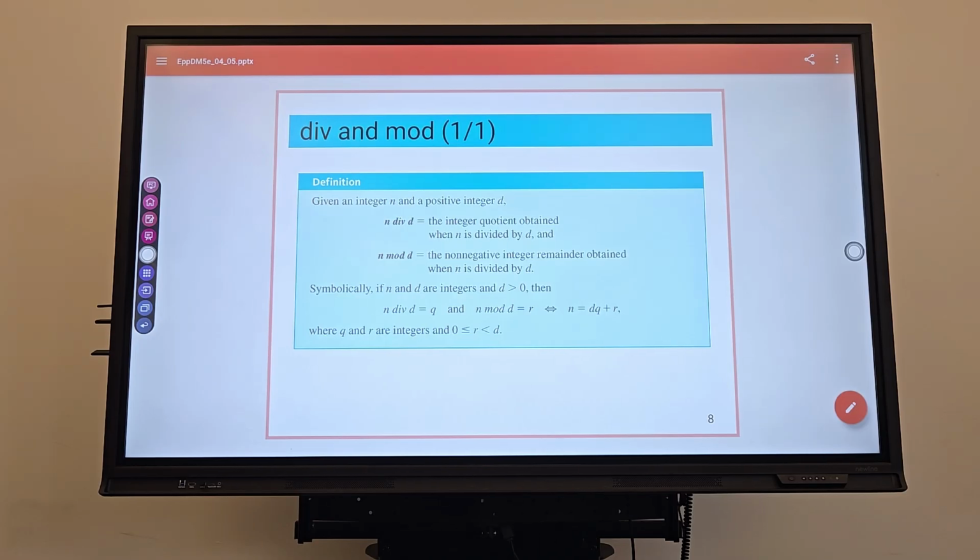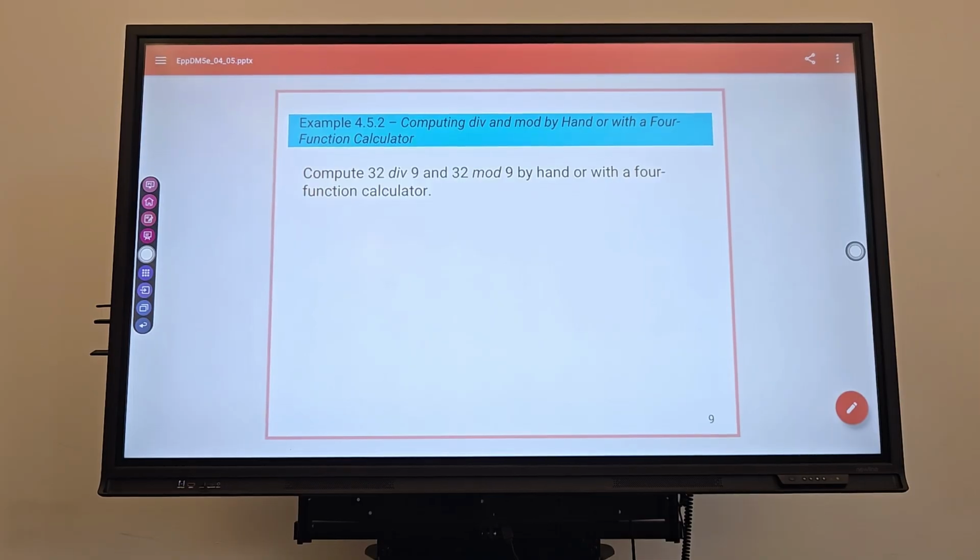So it ties it to the quotient remainder theorem. So compute 32 div 9 and 32 mod 9 by hand or with a 4-function calculator.